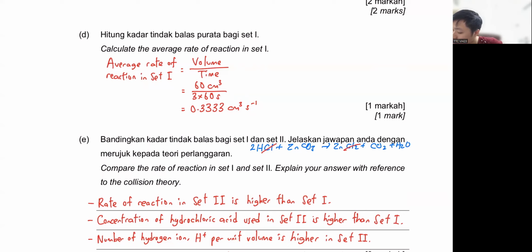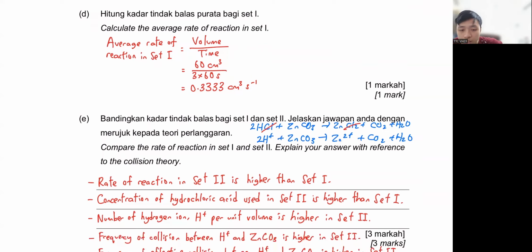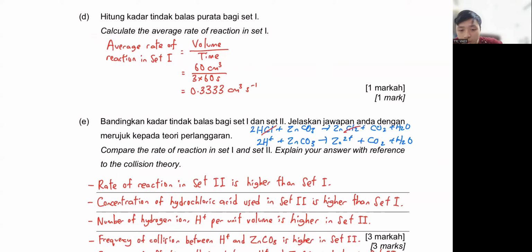What happened here is the ionic equation is actually 2H plus reacting with zinc carbonate. And because carbonate becomes carbon dioxide, it's also involved. So it becomes zinc 2 plus. So the reactants here are hydrogen ion and zinc carbonate. That's why I have to write frequency of collision between hydrogen ion and zinc carbonate is higher.